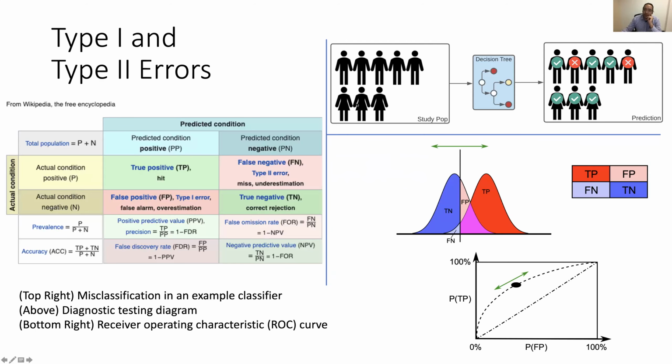Maybe these are patients, and they have any number of features associated with them, not just sex, which is indicated here. It goes through this machinery, whatever this classifier is, and at the outcome, it's going to make predictions, right? Some of those predictions are going to be right, and some of them are going to be wrong, right? That's what we're indicating there with the crosses and check marks.